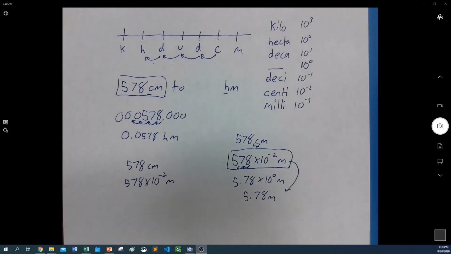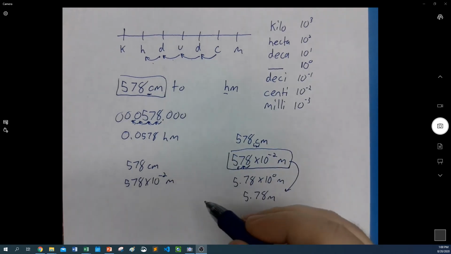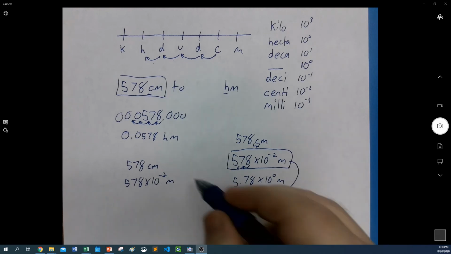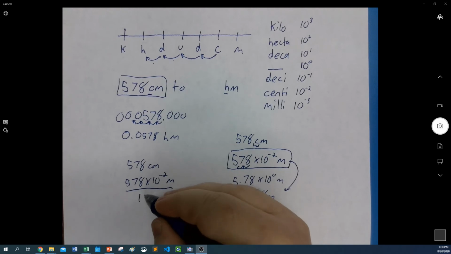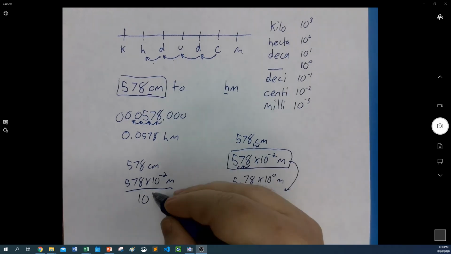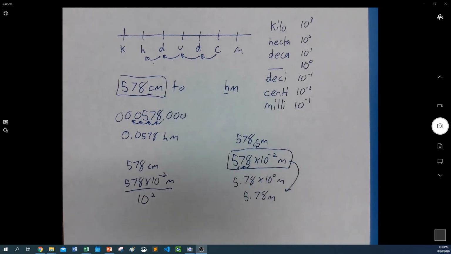If I want to convert into hectometers, what I would do is divide by 10 to the second power, and then plug that into the calculator.